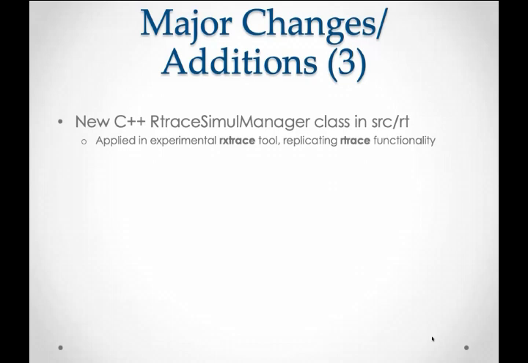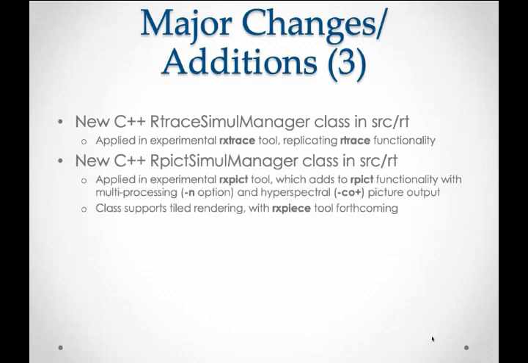I've been working on a new C++ RTrace simulation manager class that I discussed last year. This has been put into the RxTrace tool, which sort of does the same thing RTrace does, and really is for demonstration more than anything else. But this year I've finished working on, or at least the initial version of, the RPict simulation manager class and RxPict tool, which actually adds some functionality, including hyperspectral output and native multiprocessing.